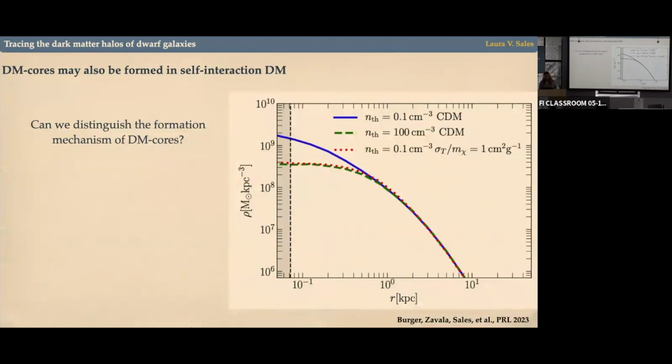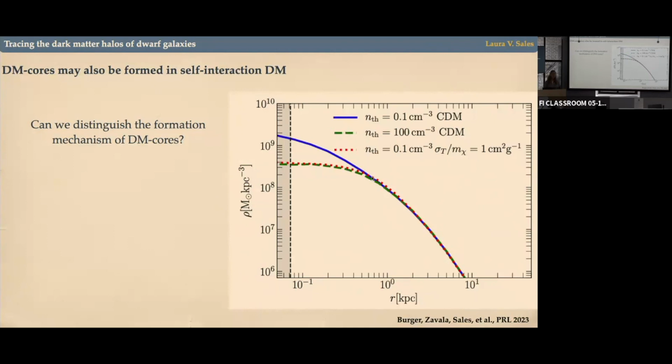And this is something we looked at with Jan Berger using SMUGGLE. And what you see over here is a density profile. Again, this is an idealized run in which you put this baryonic feedback to form a core, and that would be your green line here, very nice core.